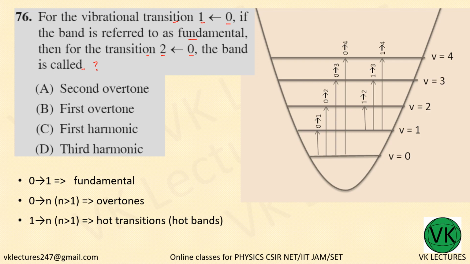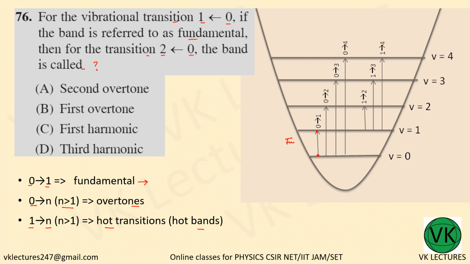Now let us see. 0 to 1 is called the fundamental band, and 0 to any other level greater than 1 are called overtones, and from 1 to any other level greater than 1 are called hot transitions or hot bands.